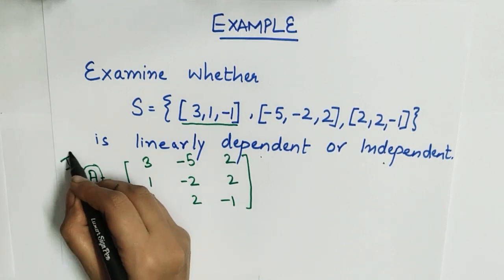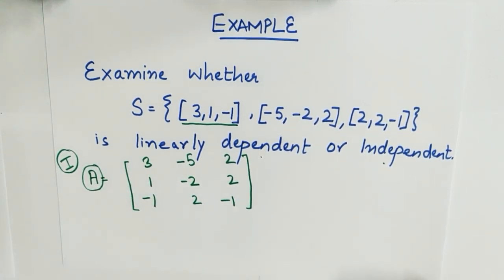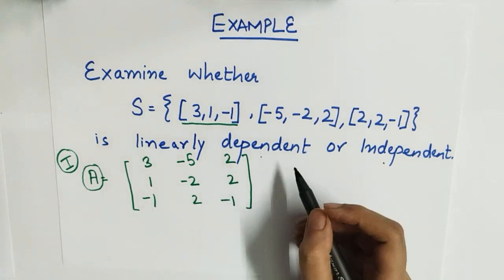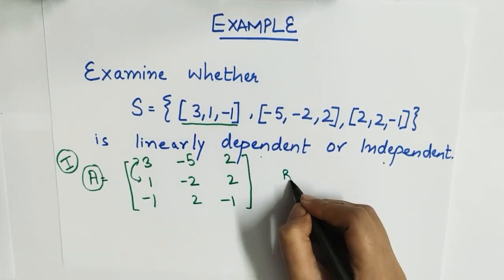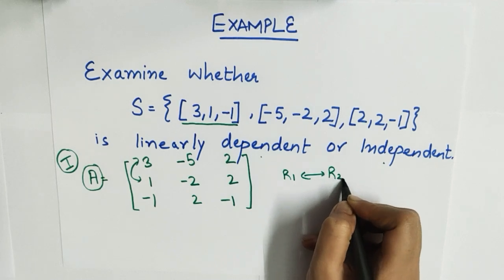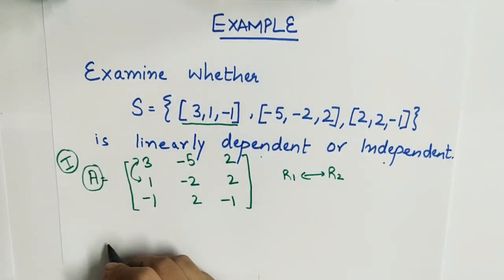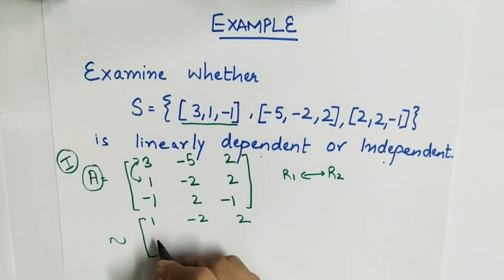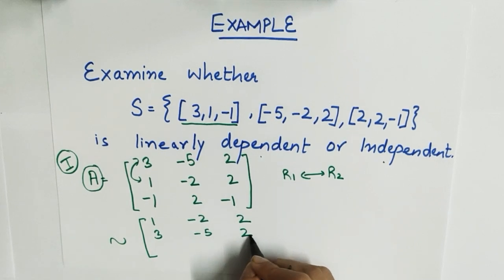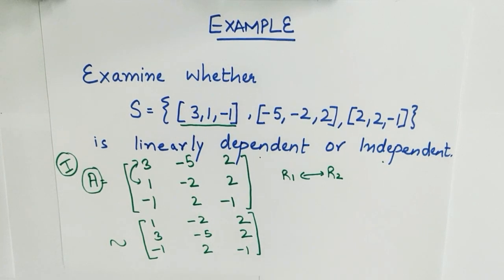Now after this first step, I move on to find the reduced row echelon form of A, for which I'll have to apply a series of row operations. To find the RREF, I'm interchanging these two rows, so R1 is interchanged with R2. Once I do that, A becomes equivalent to [1, -2, 2; 3, -5, 2; -1, 2, -1].